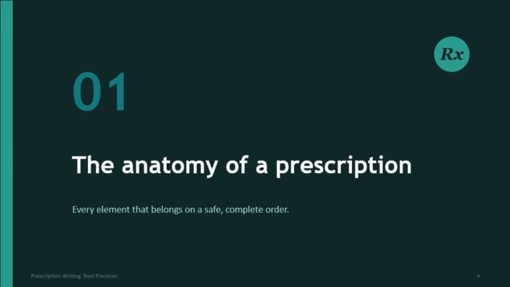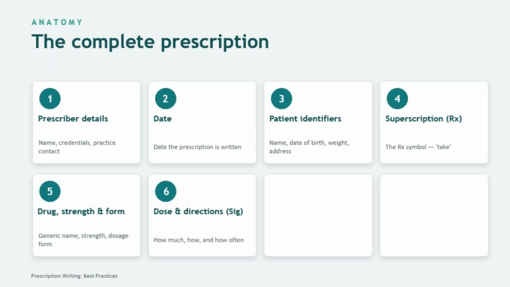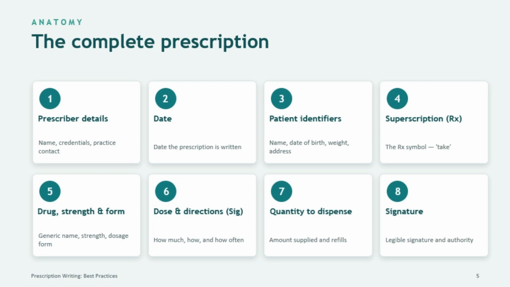Let me connect this to the classical structure you'll see in textbooks. Traditionally, a prescription has 4 Latin parts. The superscription is the Rx symbol, "take thou," along with the date and patient details. The inscription is the medication itself, the drug name, strength and form.